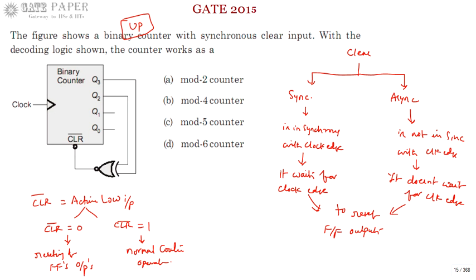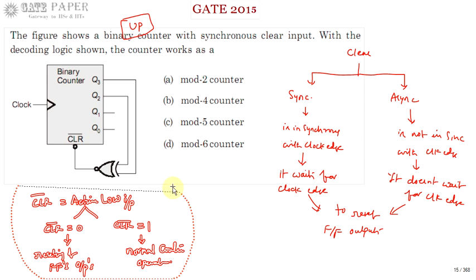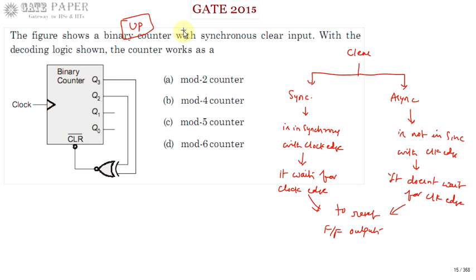We are assuming it is a synchronous up counter. So this is the clear input. Clear bar can be written as the XNOR of Q3 and Q2.